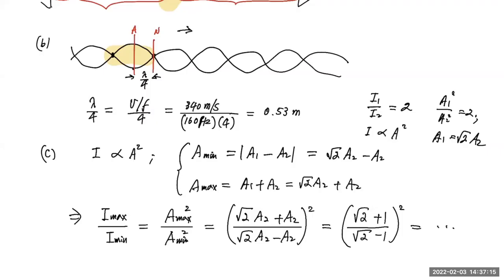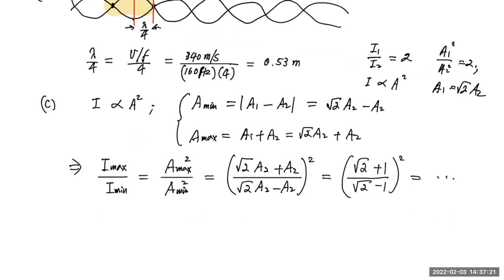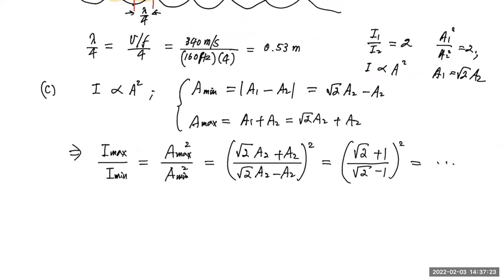Now we know the intensity is related also to the sound level. Right? So if we find the connection between the sound level and intensity, then we can find the difference in the sound level as well. So that will be the last part. Beta, the sound level, is defined as 10 log I over I naught.